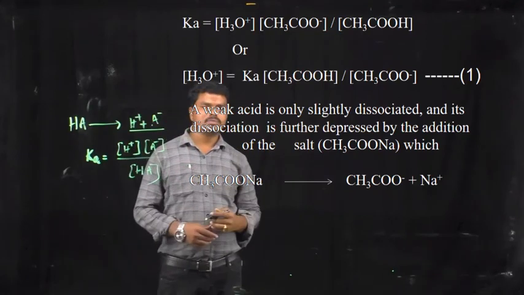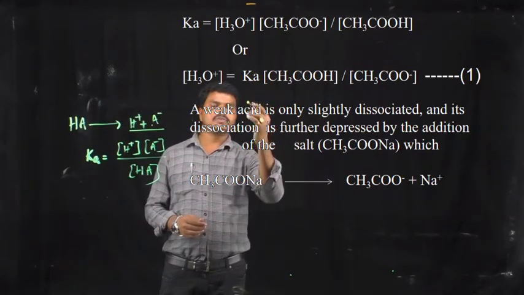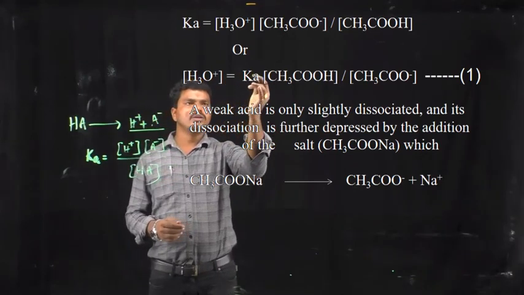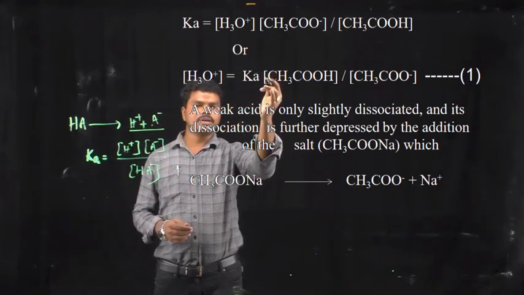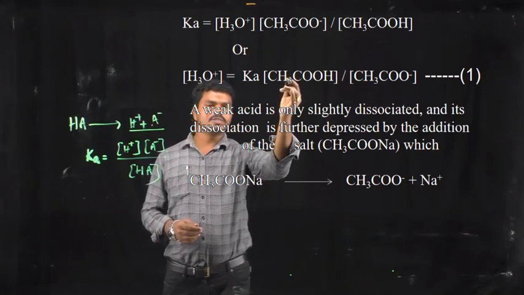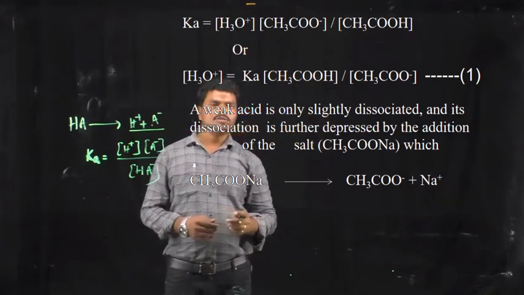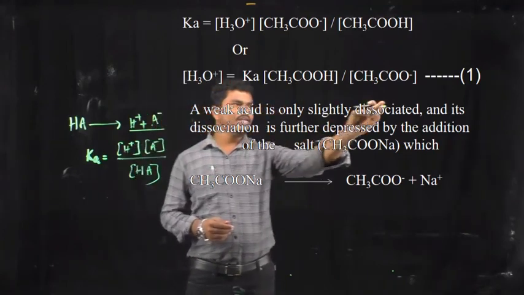When you rearrange this equation, the concentration of hydronium ion is equal to Ka multiplied by the concentration of acetic acid divided by the concentration of acetate. Consider this as equation 1.